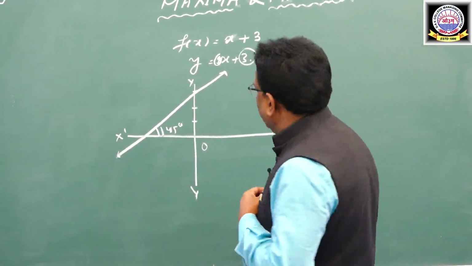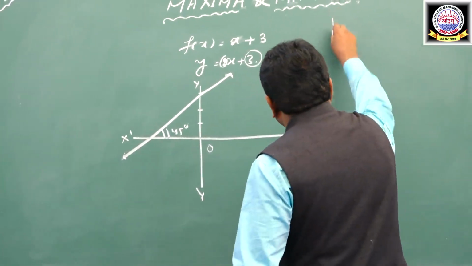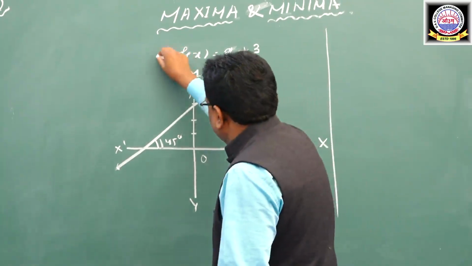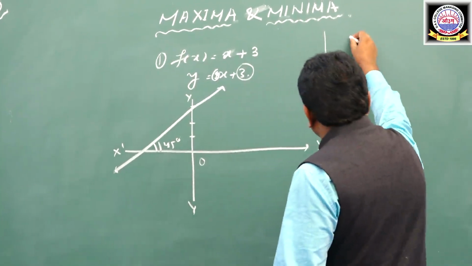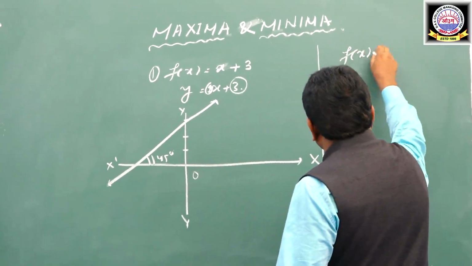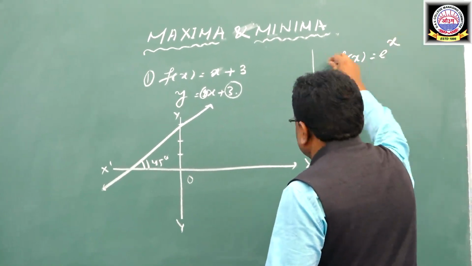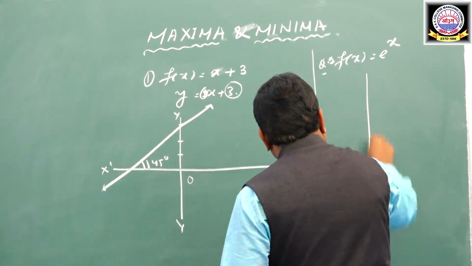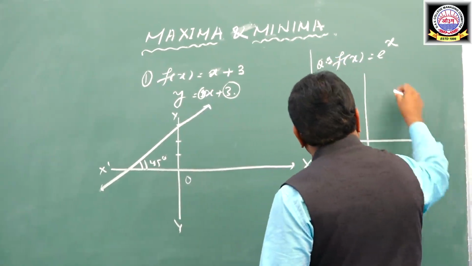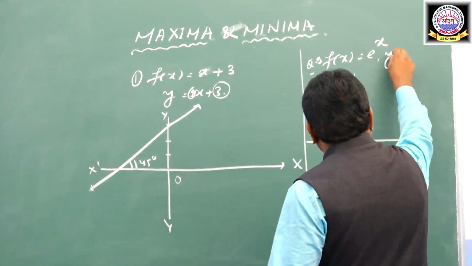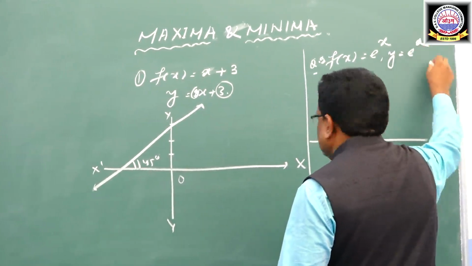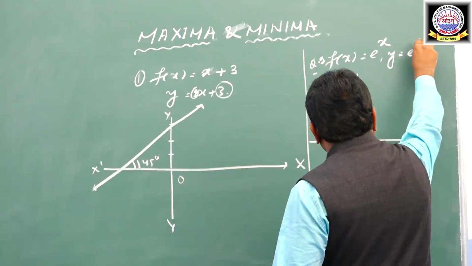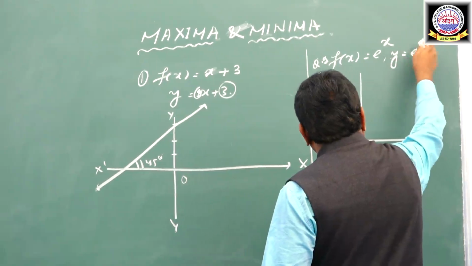Suppose you take another function, say f of x is equal to e to the power x, that is your exponential function. If you draw the graph, y is equal to e to the power x. If you put x is equal to 0, then y is 1 because e to the power 0 is 1.